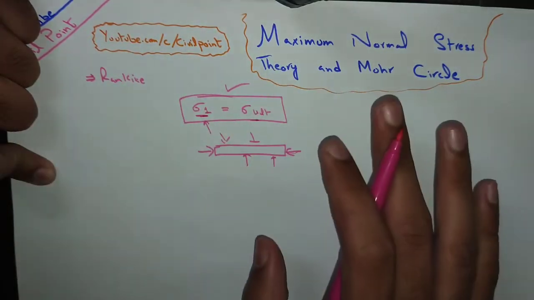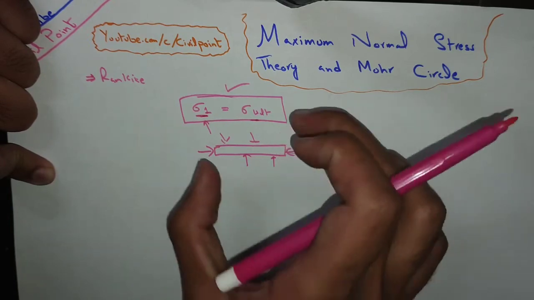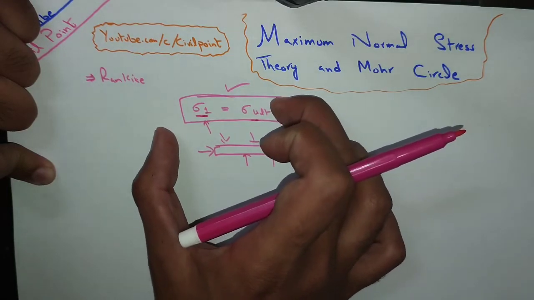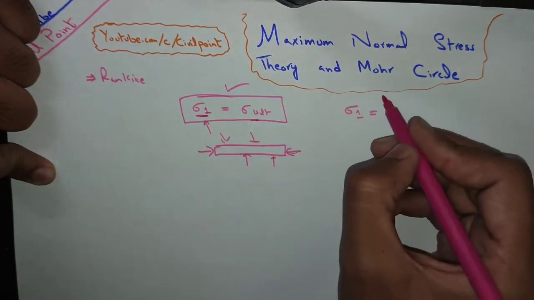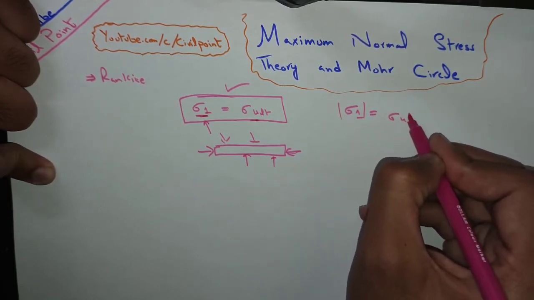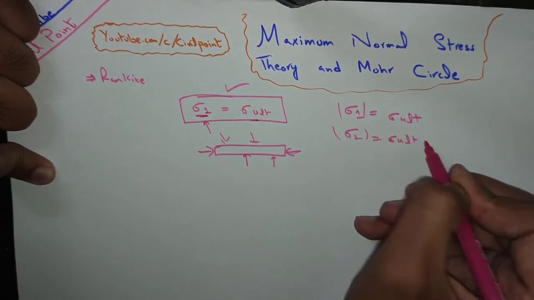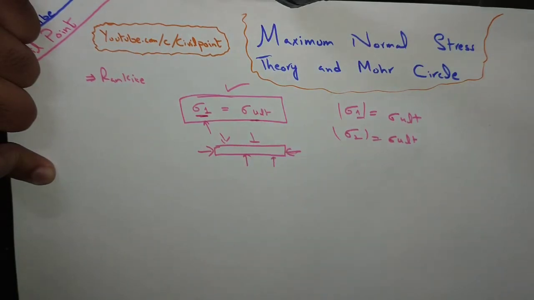Our material will fail by fracture because it's a brittle material, and all this should happen in a tension or compression test. So we can write this: stress 1, plus or minus, could reach the ultimate, and another one could reach the ultimate. I will also explain this using a diagram.